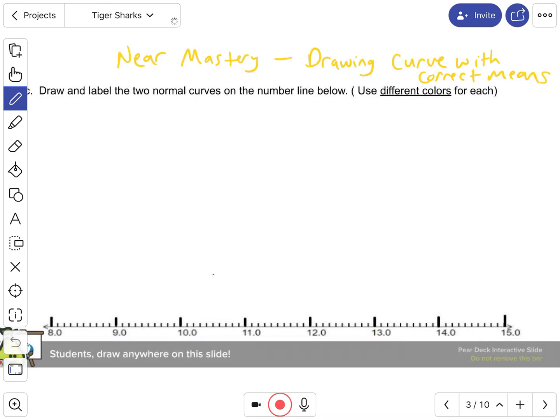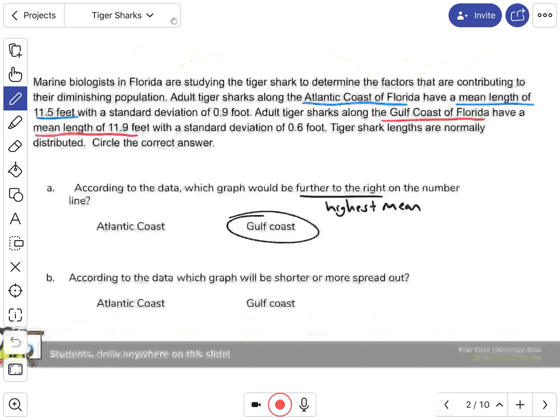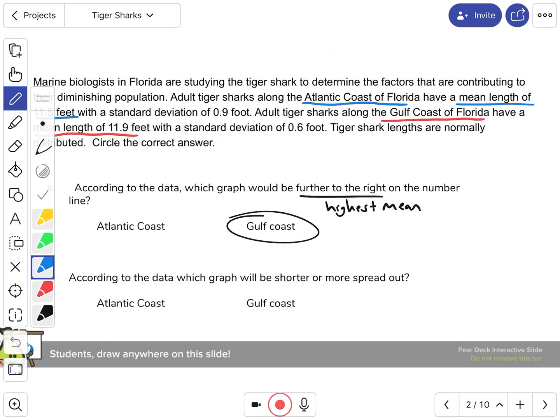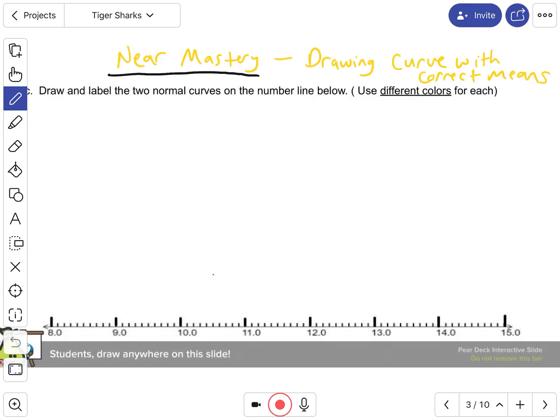Now that brings me to this first graph, and near mastery is kind of an intro level of understanding where you can draw the curve with the correct means. So 11.5 is for the blue Atlantic coast, and 11.9 is for the red Gulf Coast. So here's 11.5 right here.